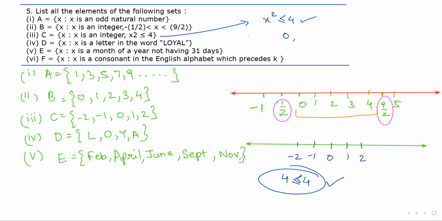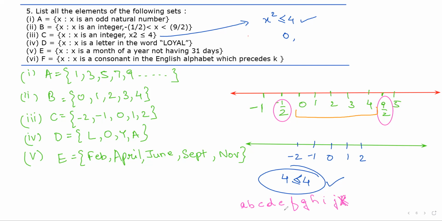F is the set of all x such that x is a consonant in the English alphabet which precedes K. Precedes K means which is before K. A, B, C, D, E, F, G, H, I, J, K. Before K means K is not considered.